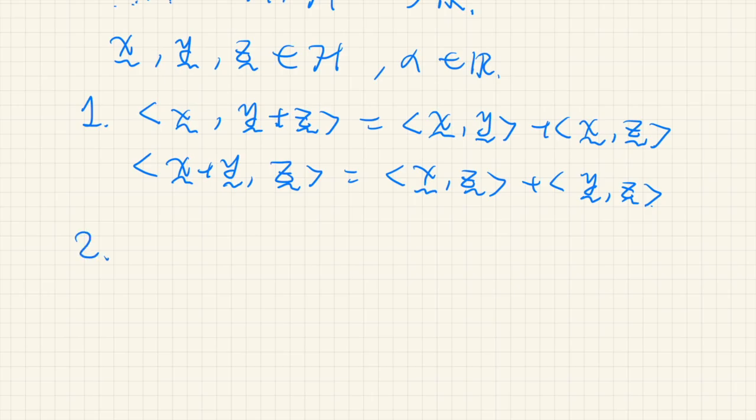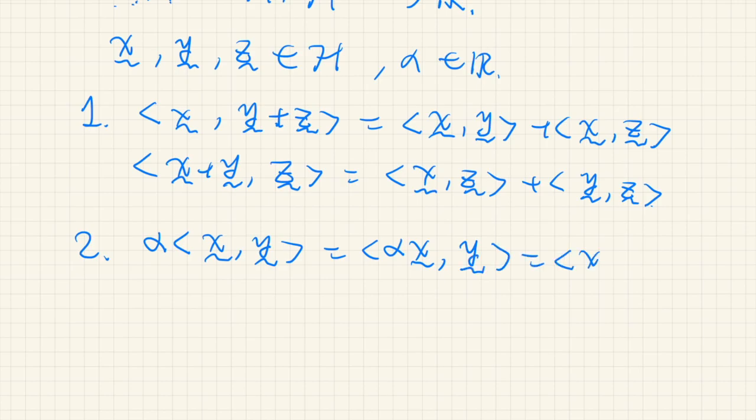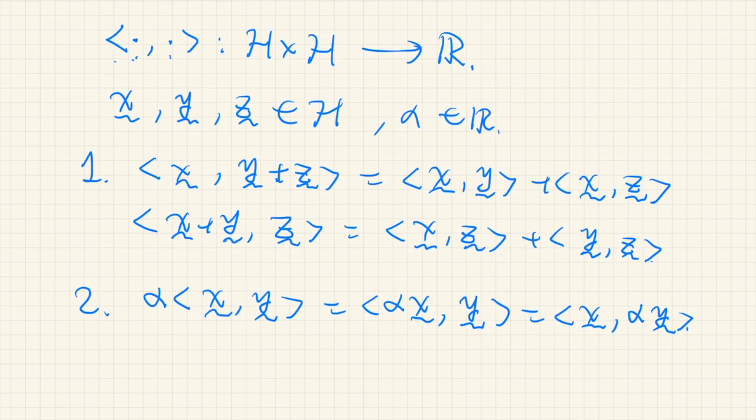And the second condition, alpha times the inner product between x and y is equal to the inner product of alpha x and y, or it is also equal to the inner product of x and alpha y. Here, again, we are considering only real Hilbert space, okay? No complex numbers. And the third condition, the inner product between x and y is equal to the inner product between y and x. So that means the inner product is commutative.